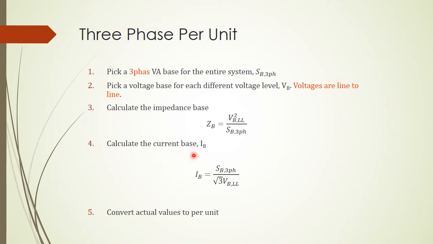After that, we calculate the base current, IB equals SB 3-phase over square root of 3 times VB. And then we convert the actual values to per unit. It is a bit difficult here because we have square root of 3. Notice that in 3-phase, the S formula is square root of 3 times VI, so therefore it appears here.